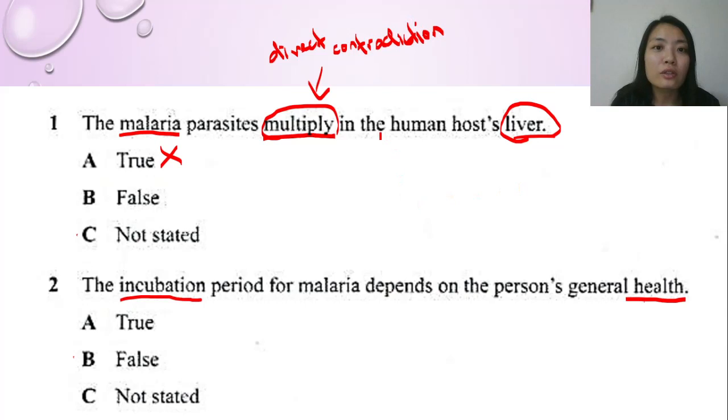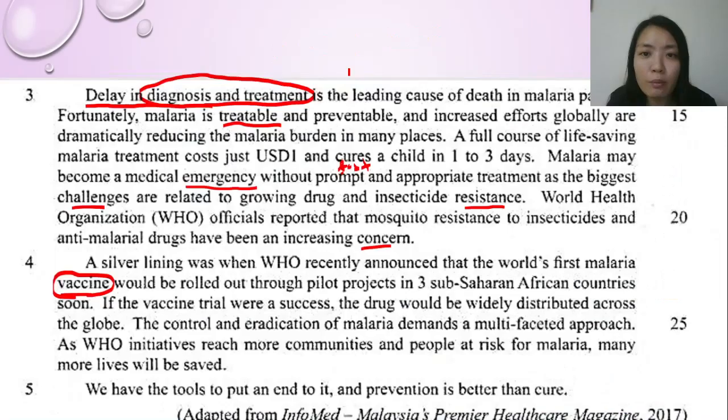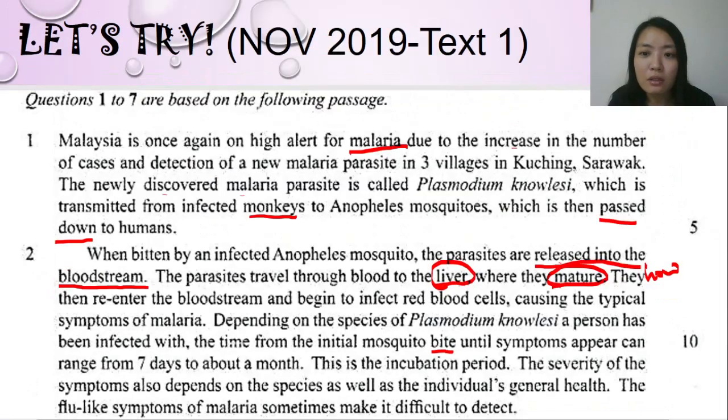So the text has to say the parasites do not multiply. Here it says the parasites multiply. If the text says do not multiply, then only you choose false. But if the text doesn't, we go back to the text. Does it say do not multiply? It doesn't say anything about do not multiply.